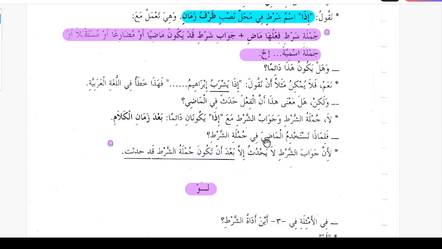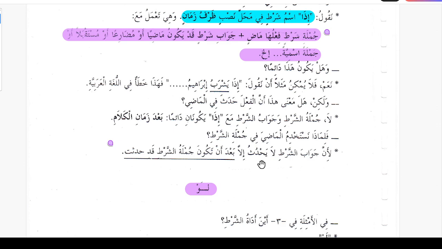فلماذا نستخدم الماضي في جملة شرط? Then why do we use past tense for the jumla sharti, for the conditional sentence? Then why do we use this fi'l madi? لأن جواب الشرط لا يحدث, because the جواب الشرط, the result of the condition, لا يحدث إلا بعد أن تكون جملة الشرط قد حدثت.